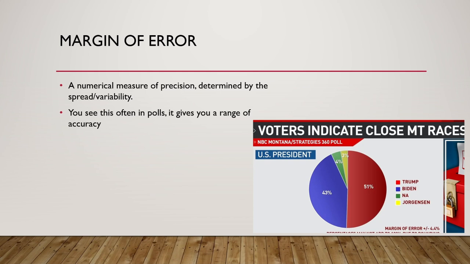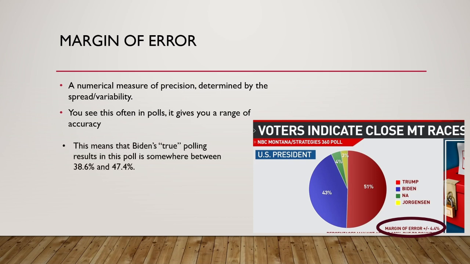So I pulled this off the internet. This was a Montana survey for the presidency in 2024. And you can see here Trump, Biden, NA, Jorgensen, and then a margin of error of plus or minus 4.4% right there. So if you look at Biden's polling data, it says 43%, but then the margin of error is plus or minus 4.4%.